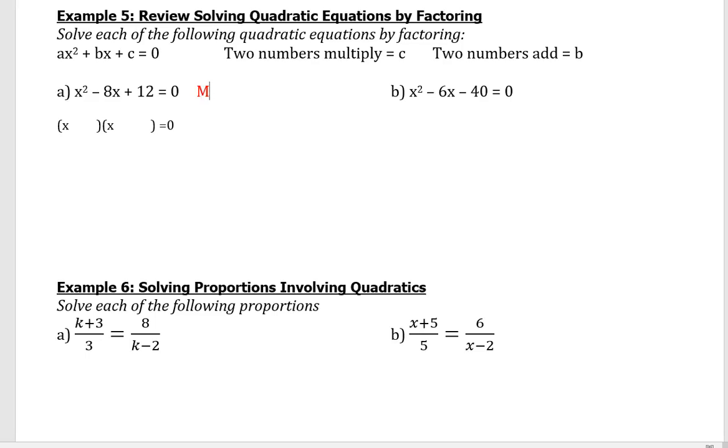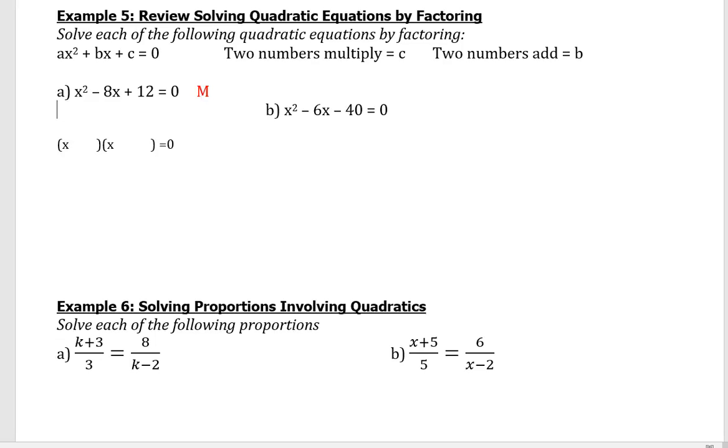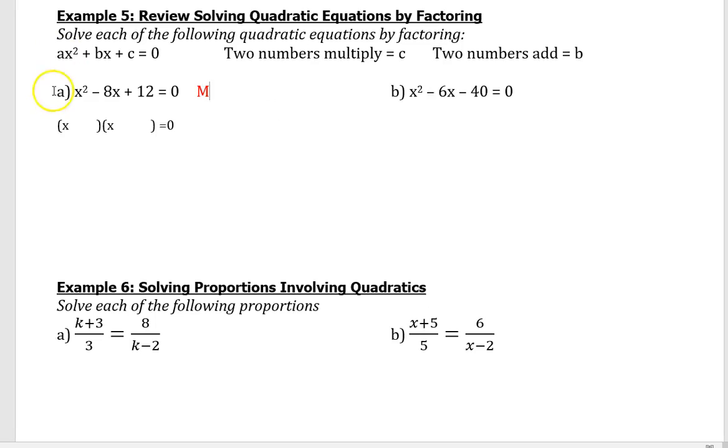I need to multiply here to get 12, which is the number on the end. And I need the same two numbers to add to give me the number in the middle, which is negative 8.